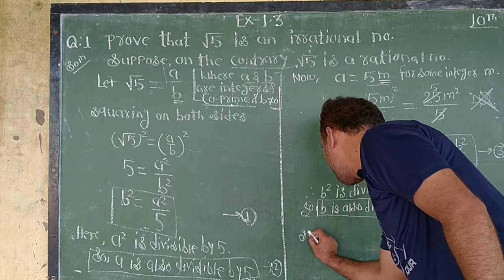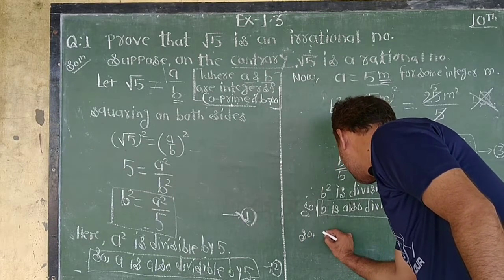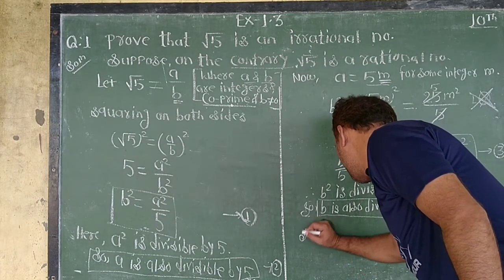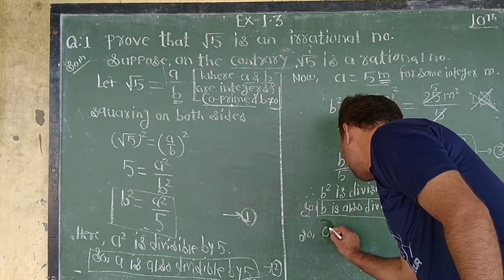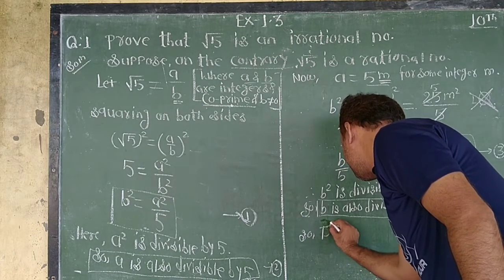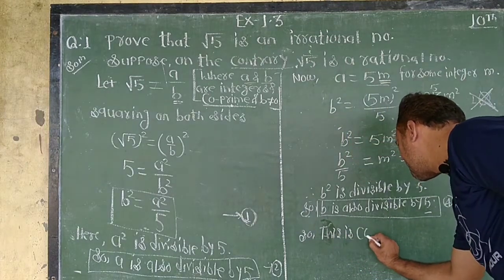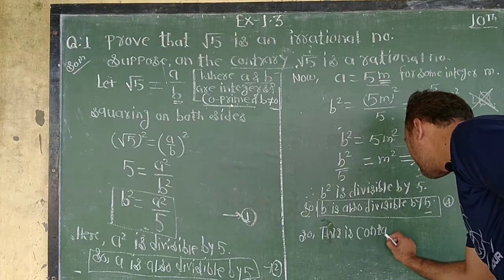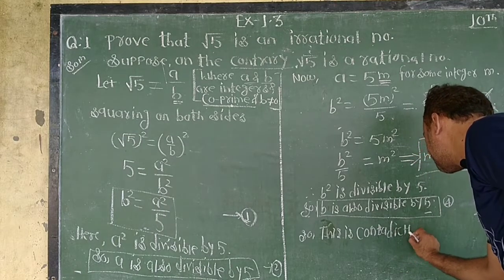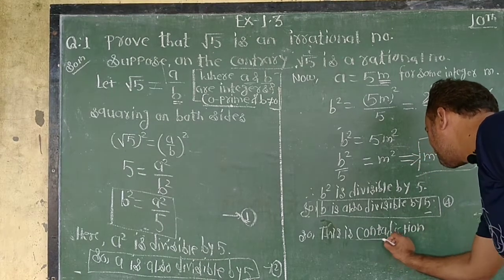So this is a contradiction. Contradiction means opposite.